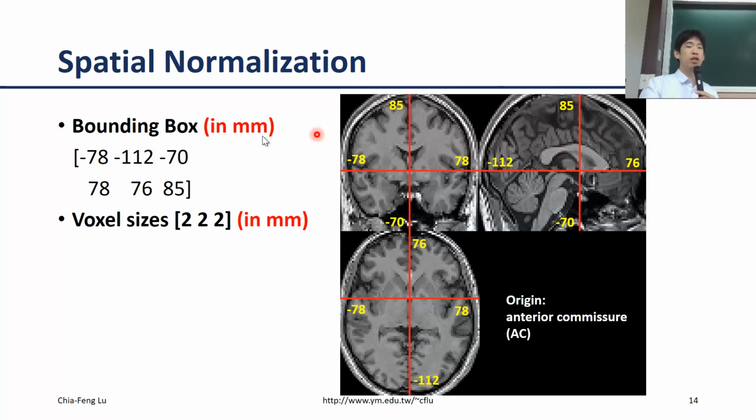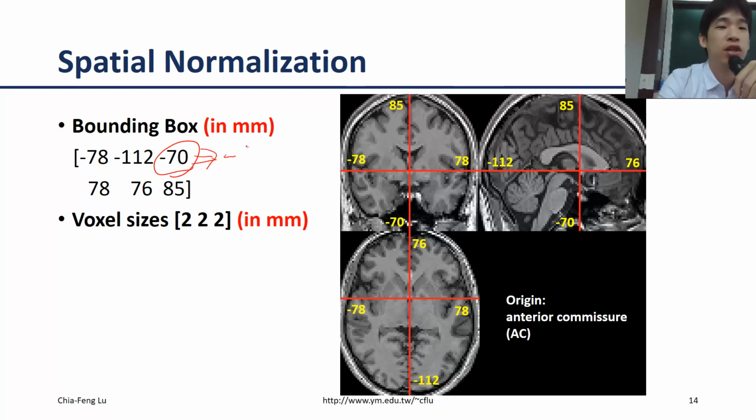So you can see the bounding box is a constraint of the FOV, the field of view that you can actually use for the subsequent image analysis. So if you set the bounding box too small, what would happen? For example, if I set the minus 70 to, say, minus 40 here, what will happen?